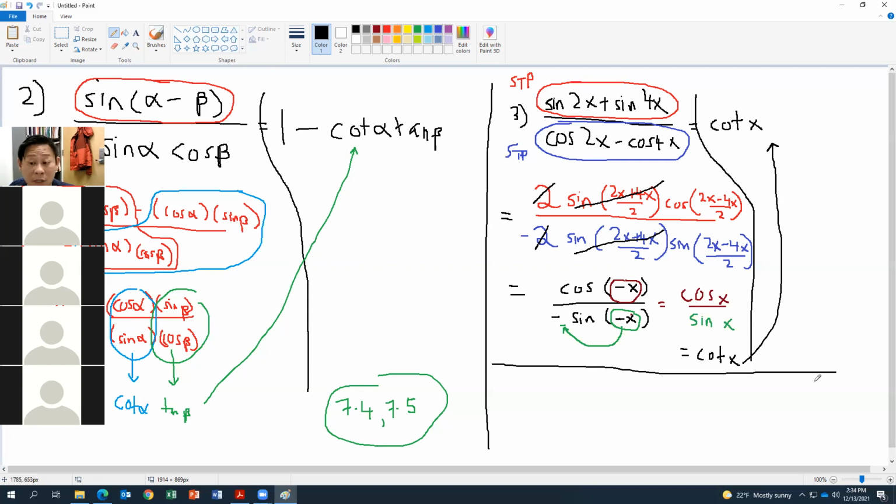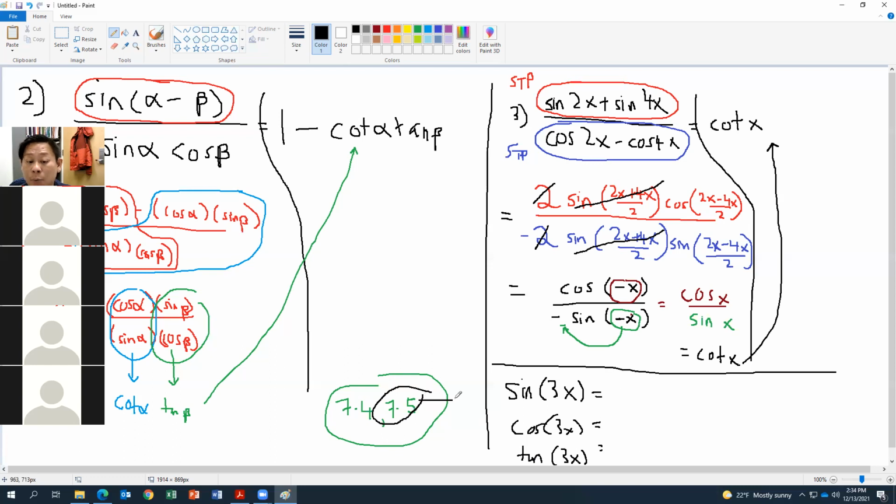On top of it, in your finals, I also want you to know how to prove sine 3x. Remember we did this before in our class, cosine 3x or tangent 3x. Please go through 7.5 again.